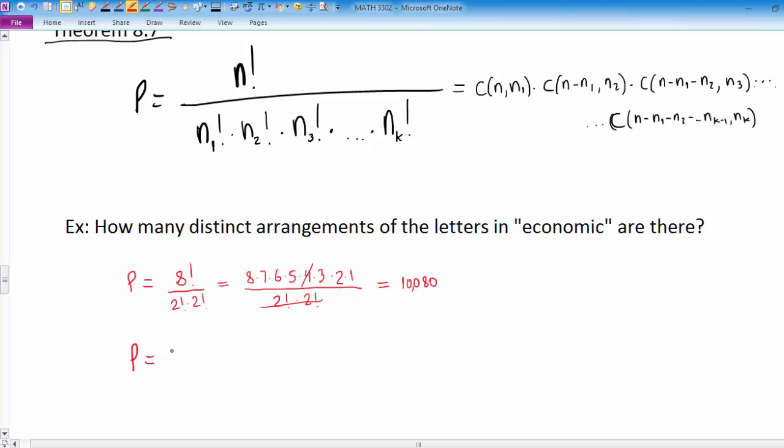So we can look at the word economic, and there are 8 letters. Some of the letters are repeated. So let's start with the letter C, since there are 2 of them.